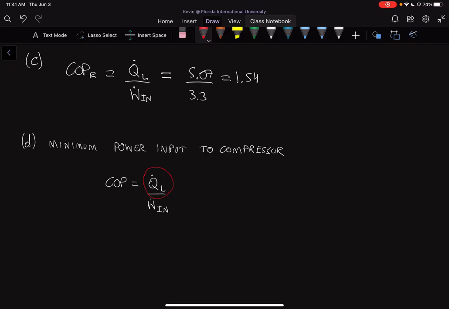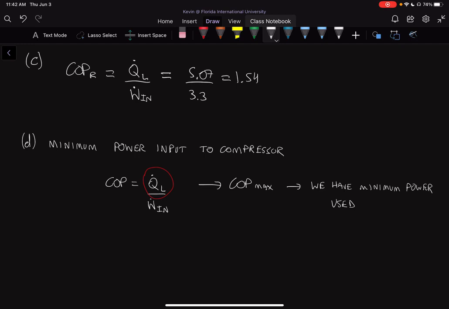Well, the minimum power we can use is actually used if we have our maximum COP. So what we need to find here is our COP max for our system. If we find our COP max, it will mean that we have minimum power. So the less power you use, the more the COP. So we just need to find the maximum COP. That way we can work backwards and find our power minimum.